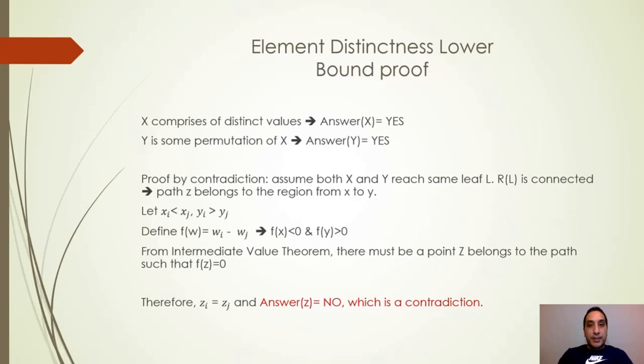But what we see here is z reaching a different leaf, a no leaf, a contradiction. And therefore, the assumption that we have made is incorrect, and x and y are going to reach distinct yes leaves and not the same leaf.